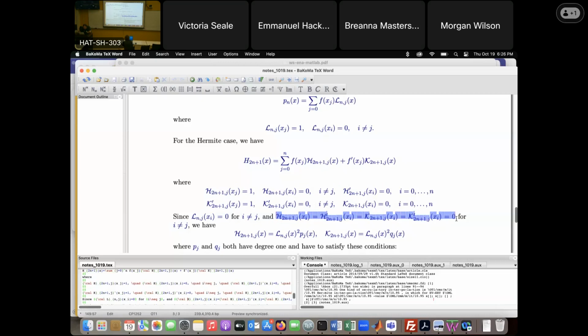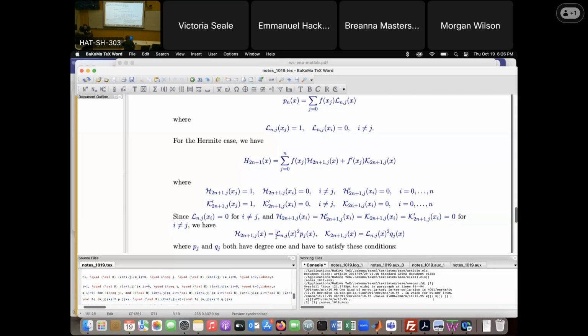and because these polynomials, fancy h's and fancy k's, have to satisfy the same conditions, but for themselves and their derivatives, what that means is the factorization of both the fancy h's and the fancy k's must include the Lagrange polynomial squared. So the thing I'm using here is if I have a polynomial and I need it to be equal to 0 at some point a, then its factorization would include x minus a.